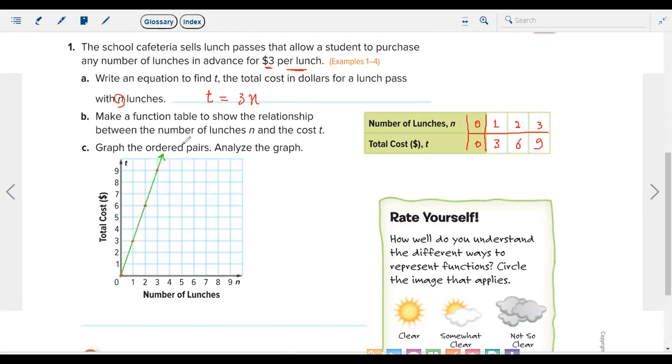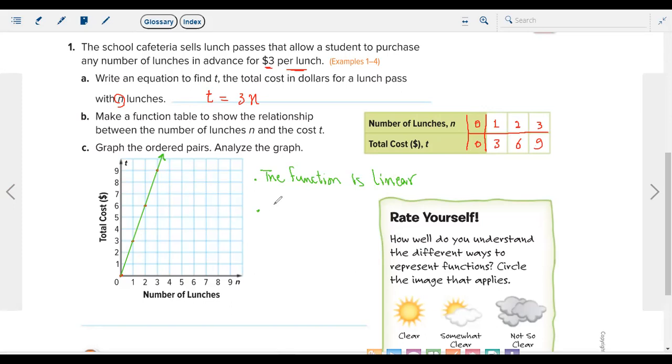So graph the ordered pairs, analyze. Analyze means first you say the function is linear. Second, you say every lunch increases, the cost increases by 3, as you can see from the graph and also from the table.